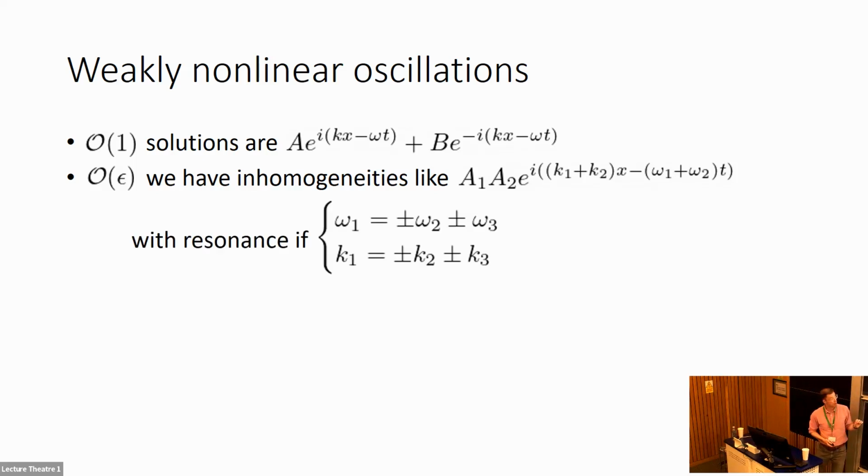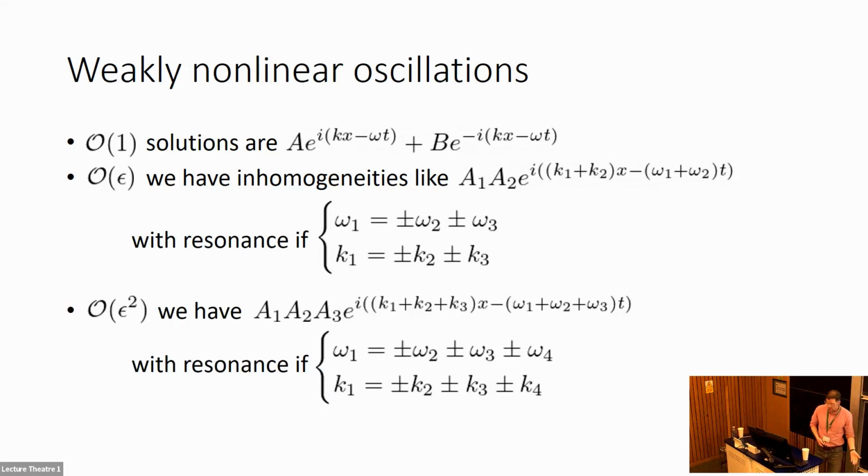So we've got resonance in this problem if on the left I've got a frequency and a wave number, and on the right I've got two of them, with pluses and minuses. I haven't written all the plus and minus signs, just to keep the notation simple. Now, if I go one order higher, so epsilon squared, you repeat the same game, but on the right-hand side I've got these three terms in the inhomogeneities, and I get resonance if something like this is satisfied.